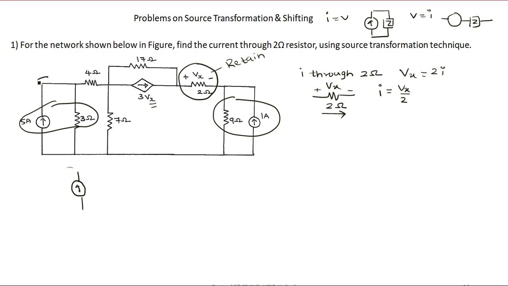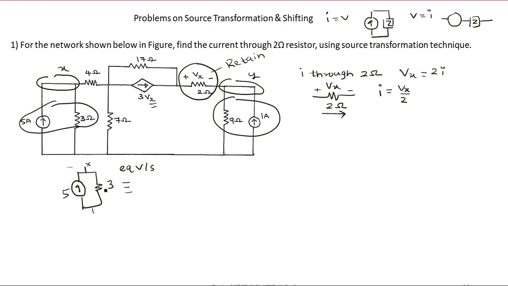And if I assume that this point is X and this point is Y, okay, at X we have this condition, 3 and 5 connected to X. So this I can convert into an equivalent voltage source.